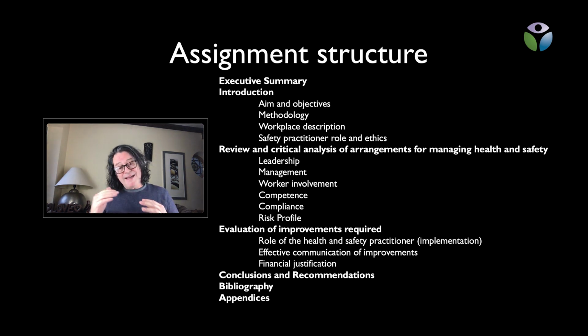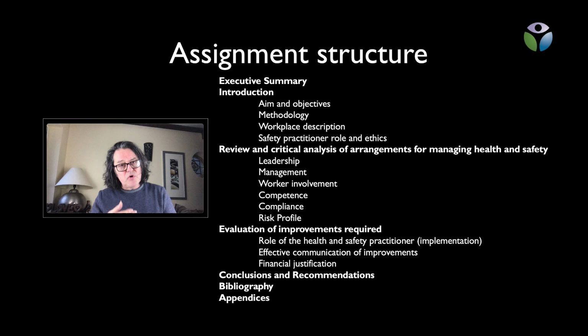Your next main heading is your evaluation of improvements required, and there are 3 specific subheadings that you need to address. Firstly, you need to think about your role as a safety practitioner within that organisation, or what the theoretical role of the safety practitioner should be within that organisation if you don't belong to that organisation, with respect to implementation, the practical issues of making these improvements.